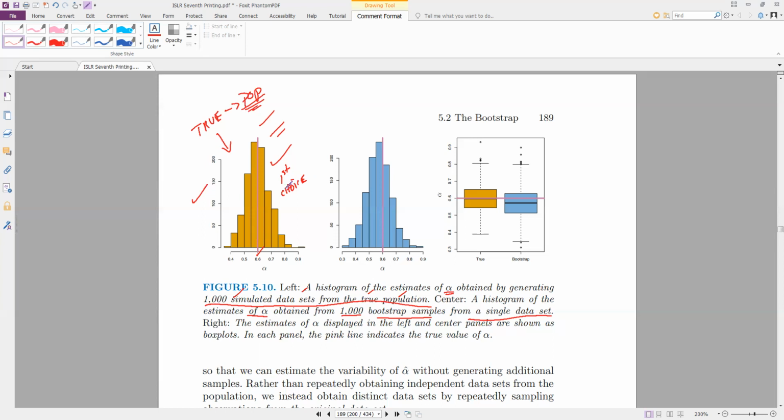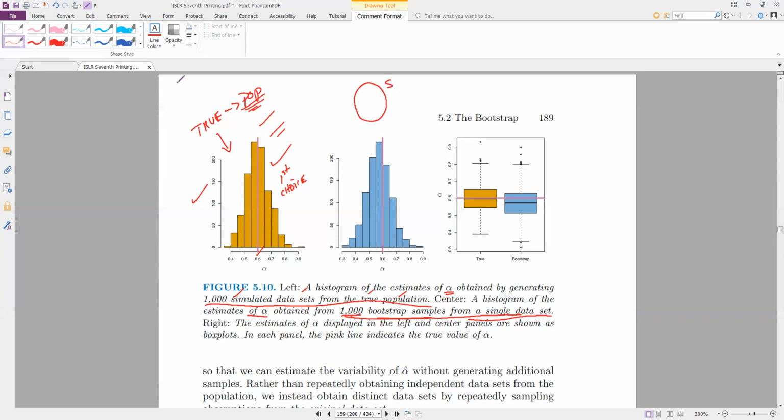Now we're going almost to that third choice, right? I'm saying, well, all right, let's just bootstrap something. Well, this is 1,000 bootstrap samples from the single data set. 1,000 bootstrap samples from the single data set. So this particular graph here is what I just drew on the other page. There's my sample.